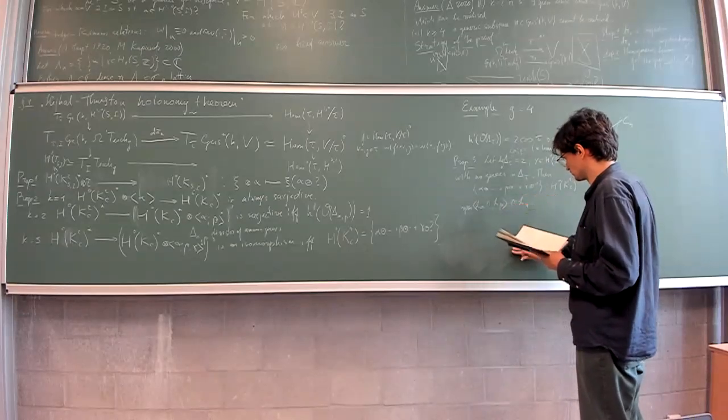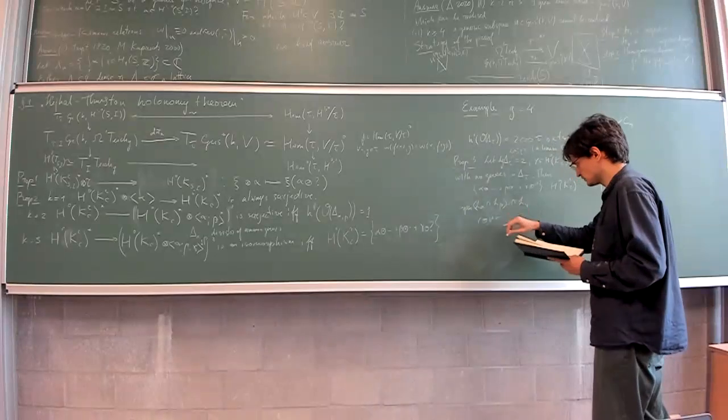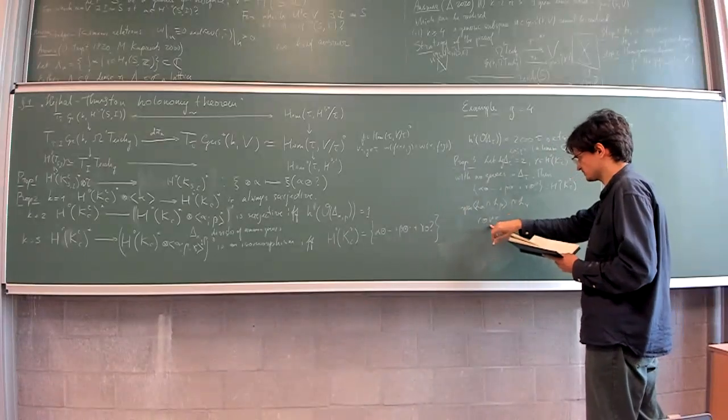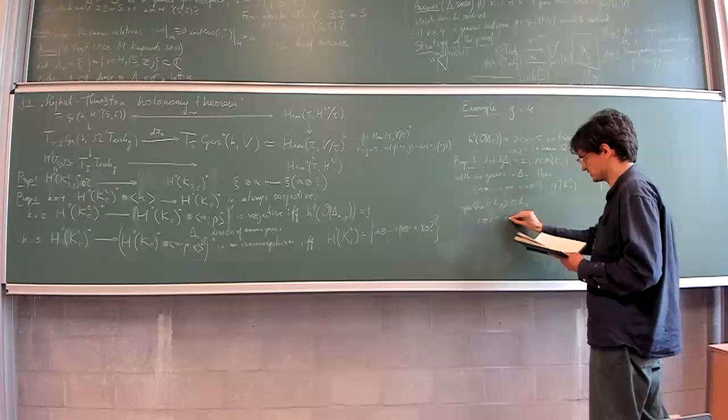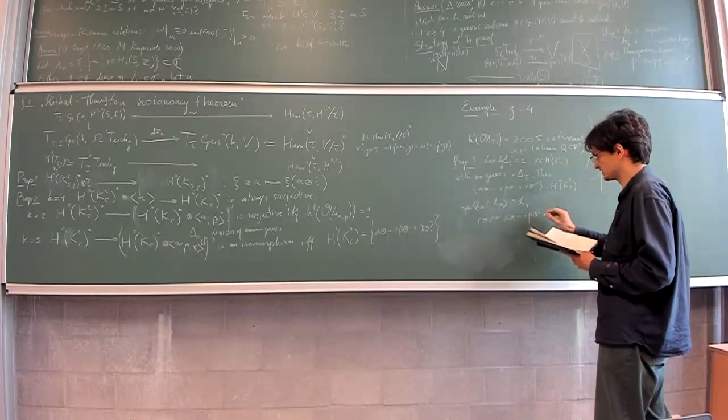Suppose we have some class here. I won't even use any letter for that. So gamma times something equals alpha times something plus beta times something.